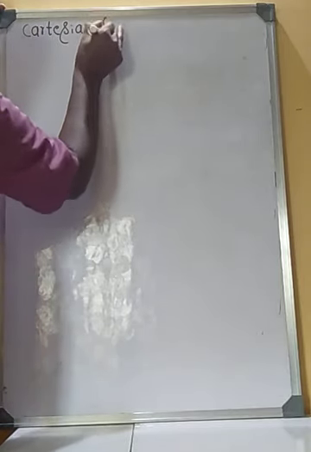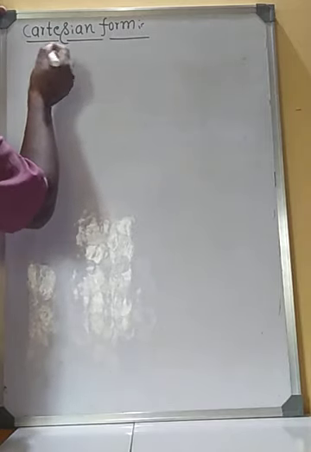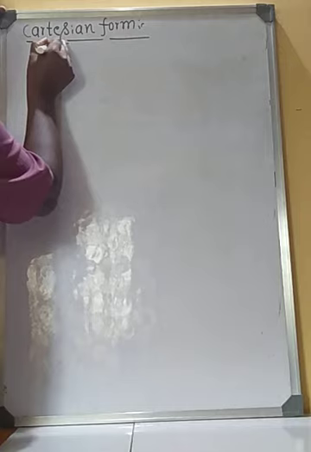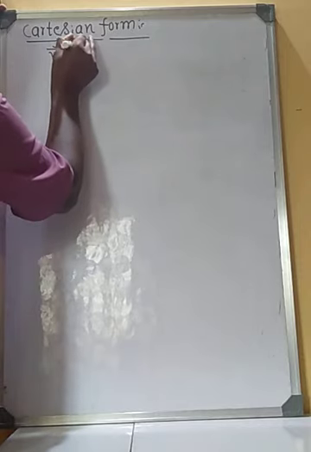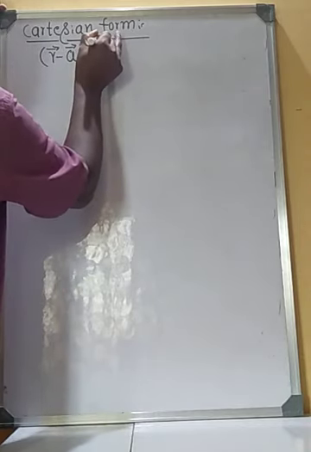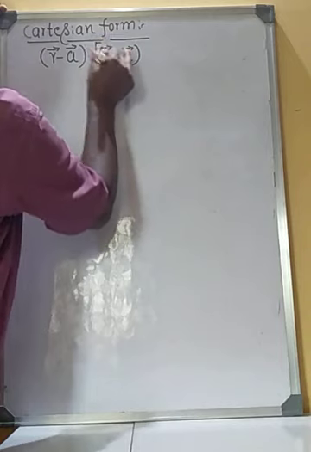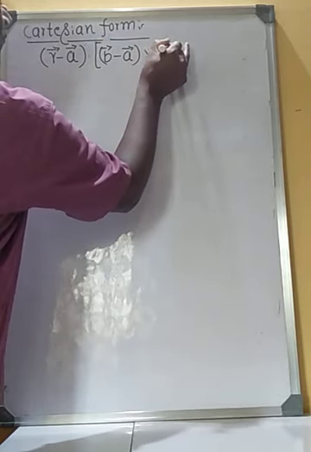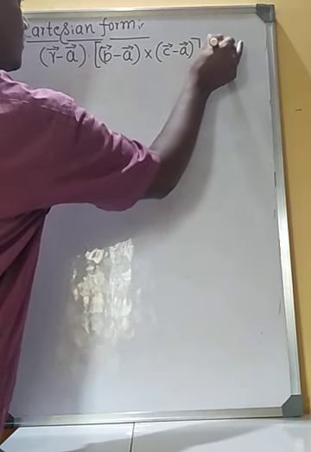So now the Cartesian form. The vector form of equation is (vector r minus vector a) dot (vector b minus vector a) cross product (vector c minus vector a) equal to 0.